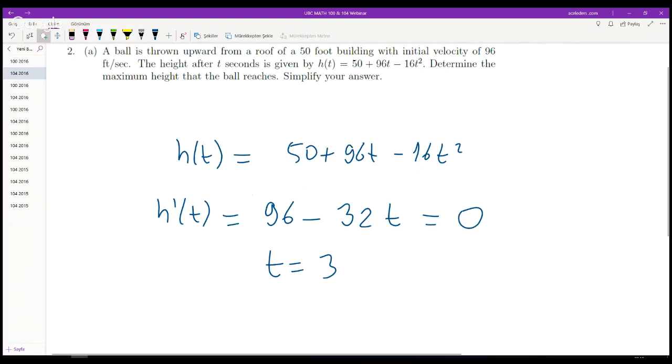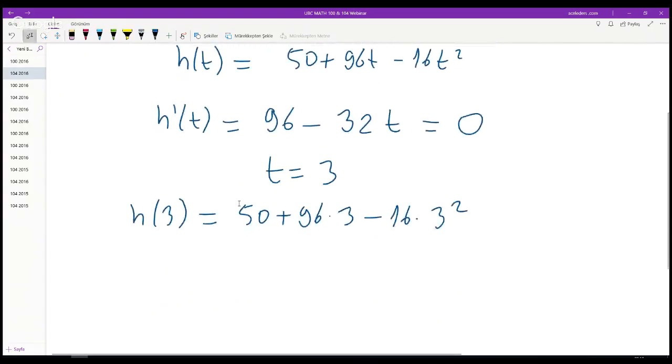Then I replace that in the function, 50 plus 96 times t minus 16 times t square. Okay? So that's it.